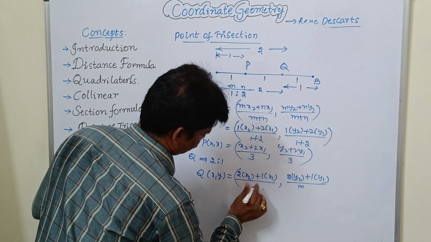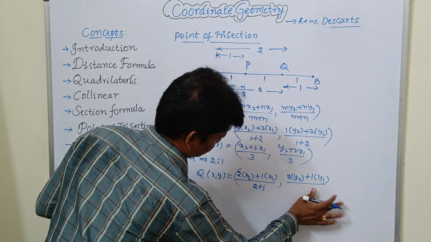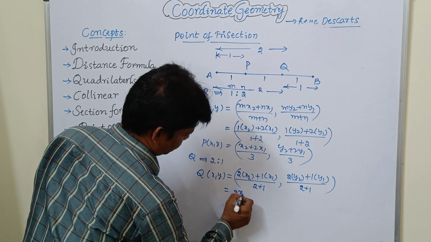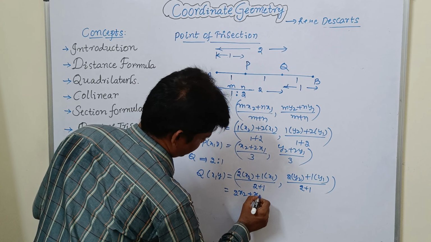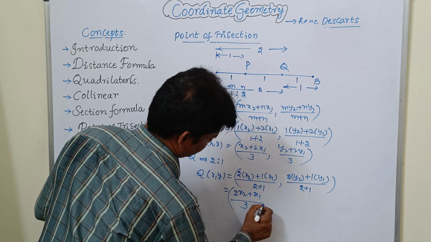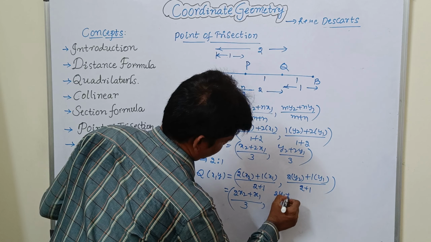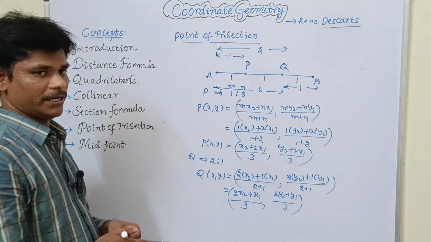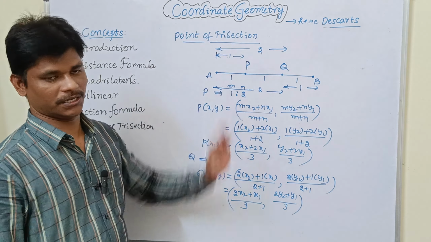M plus n means here 2 plus 1, here also 2 plus 1. Then simplify: (2x2 plus x1) by 3, (2y2 plus y1) by 3. These 2 points are called points of trisection.